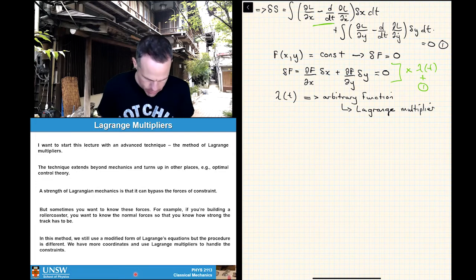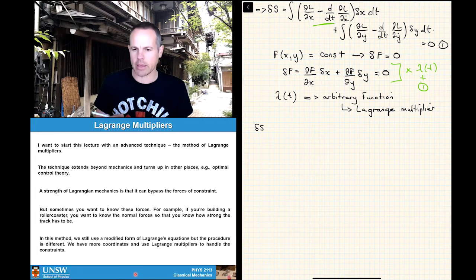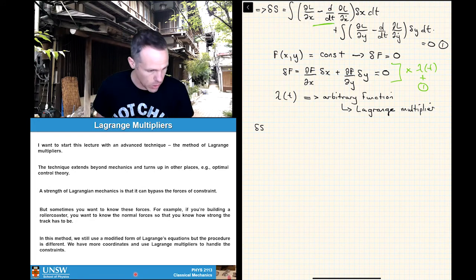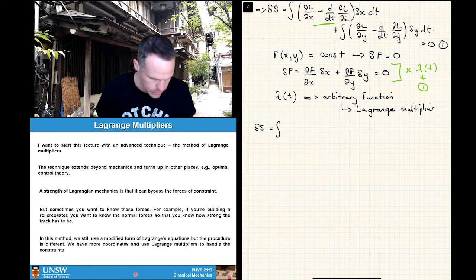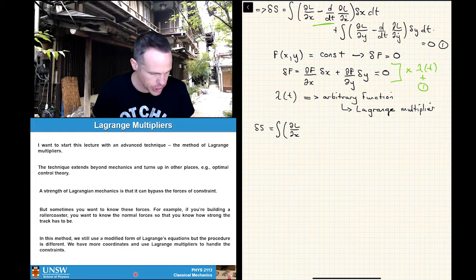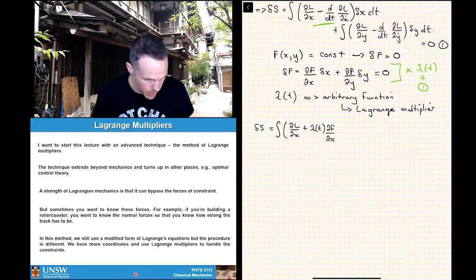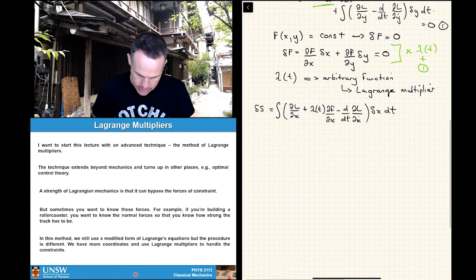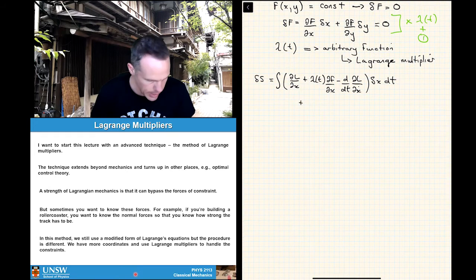And so what we would have here is delta S, and the way I'm going to add this in is to split the two terms onto the two sides. So this would be the integral of dL/dx, and I'm going to shove it in the middle, so this is plus lambda of t df/dx, minus d/dt of dL/dx-dot, delta x, dt. It's a little short on space, so let's add the second term down here.